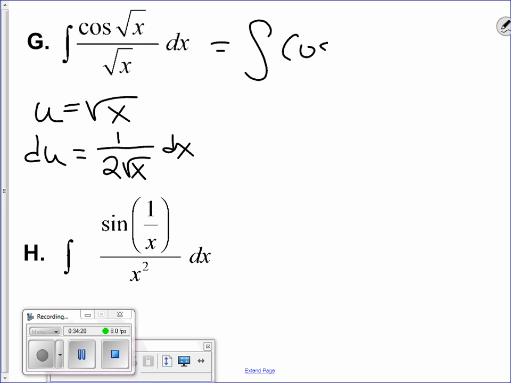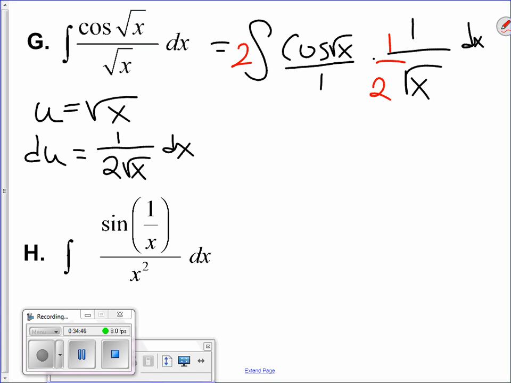I can make this cos rad x times 1 over rad x, because this is just over 1. You see I'm allowed to break that up? All right, what do you need on the inside, so you can make your factors of du? This is du. You need 2, but it's on the bottom. So what are you really putting in? A half. So you need a 2 on the outside.